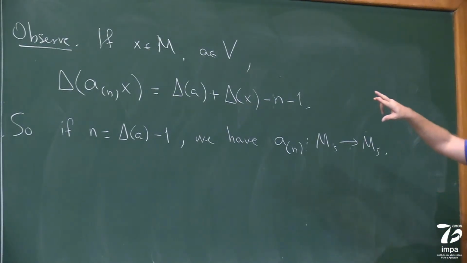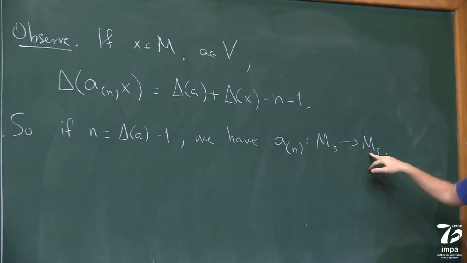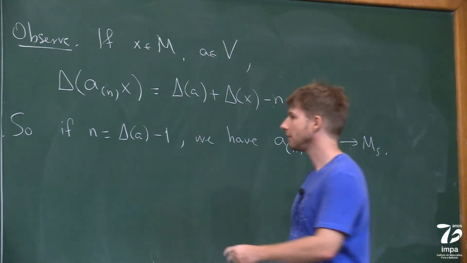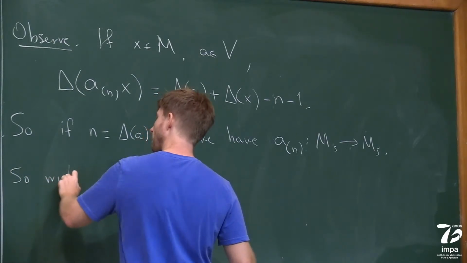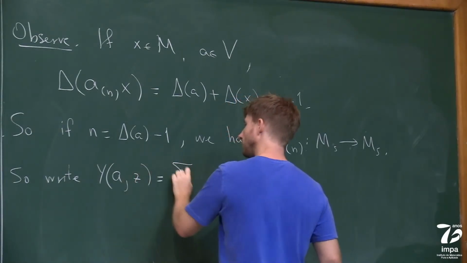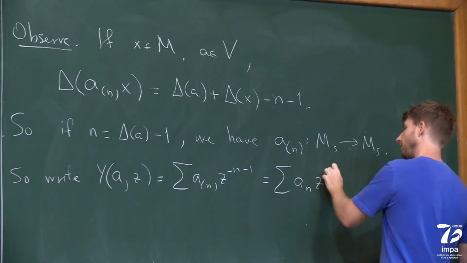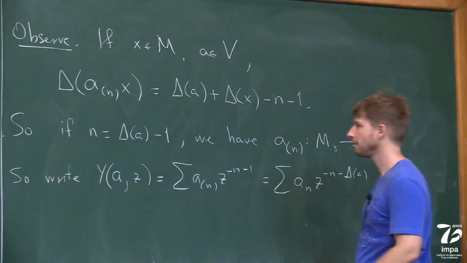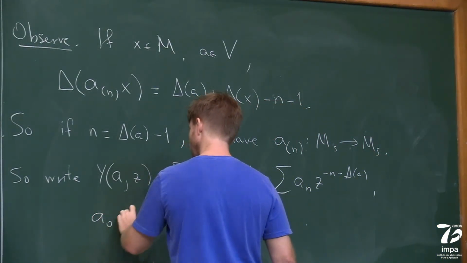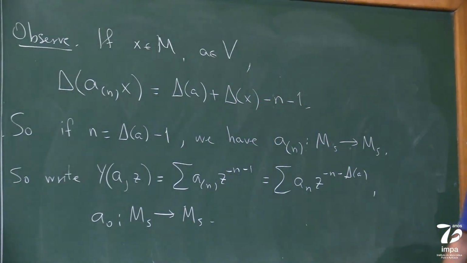So for any element in the vertex algebra, we have this important observation that there's a particular mode which preserves the graded pieces of any module, right? So we get that the graded pieces are preserved by this particular mode A sub 0.